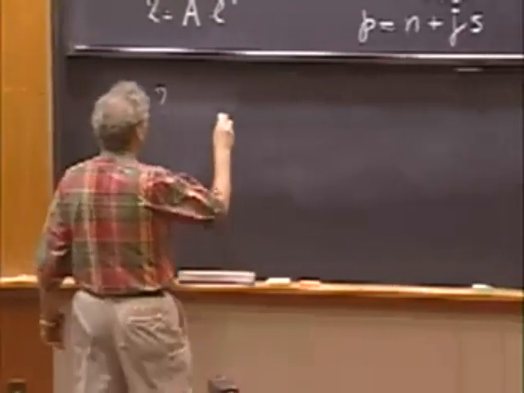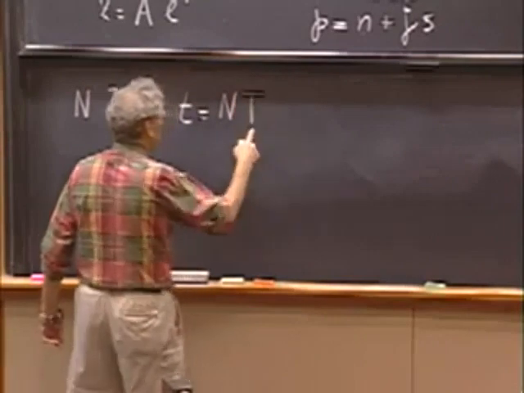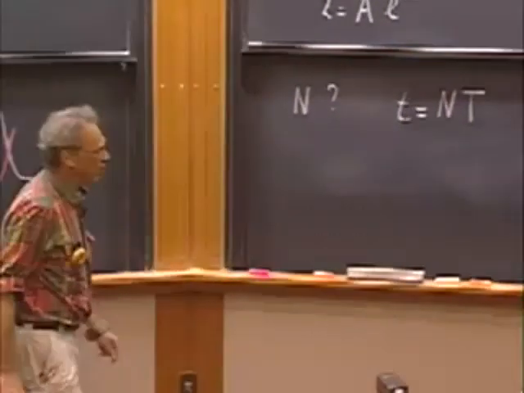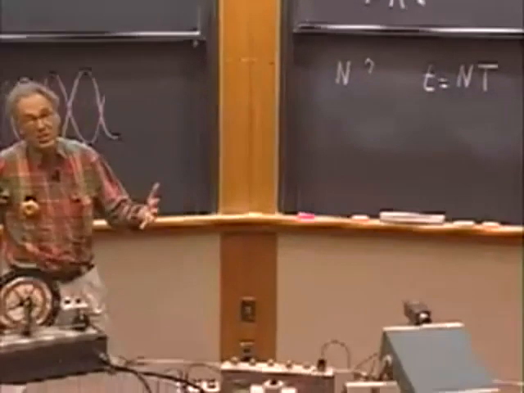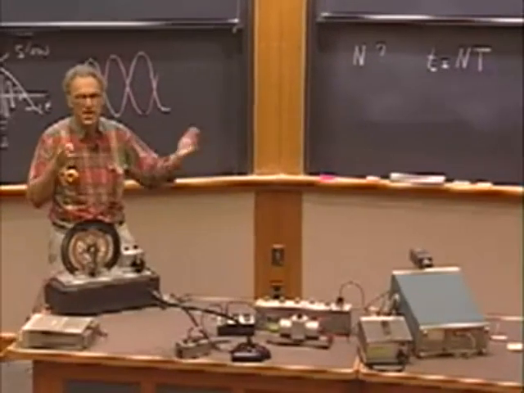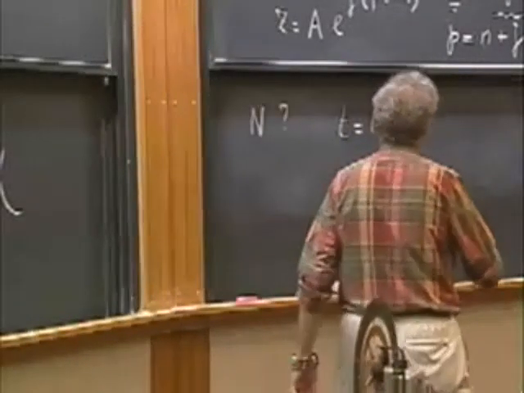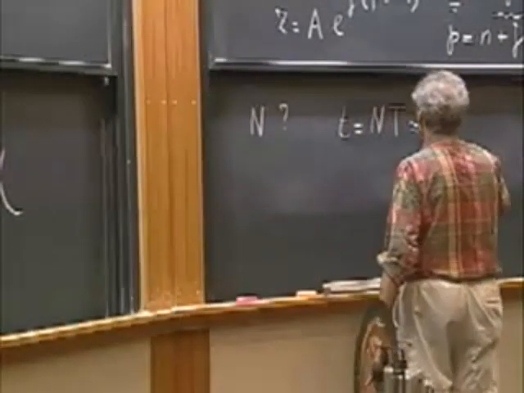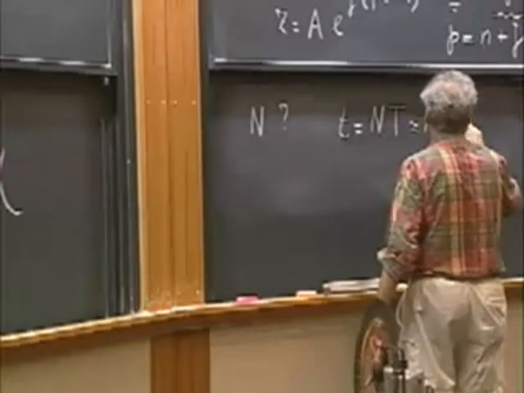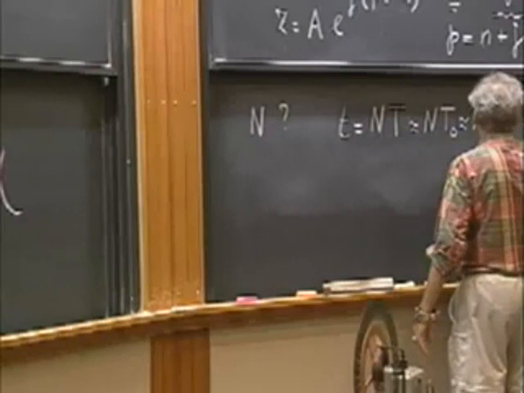Well, n oscillations would take this long, t being the period of one oscillation. But for reasonable values of Q, t and t0 are the same, like omega and omega 0 are closely the same. So I can write for this that this is approximately n times t0, so that's approximately n times 2 pi divided by omega 0.